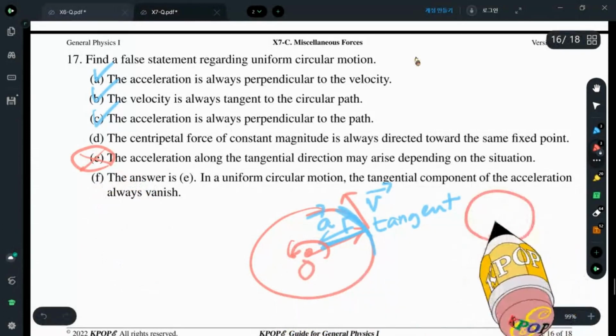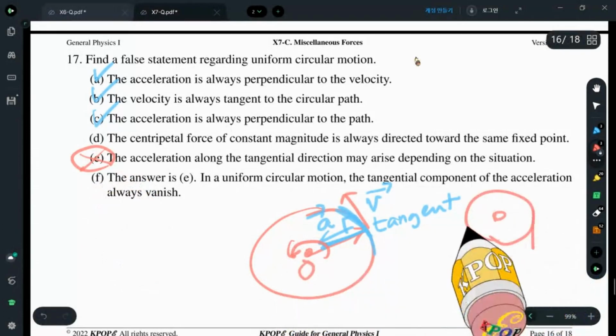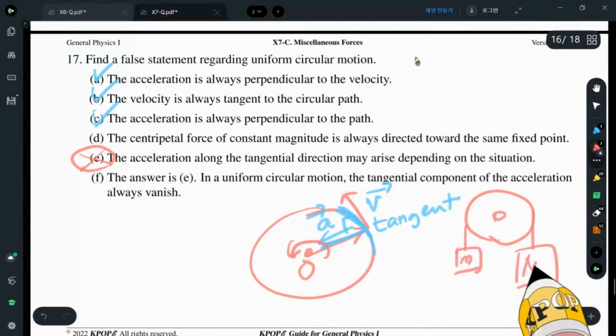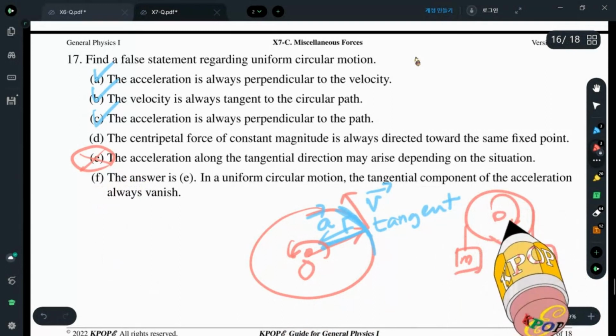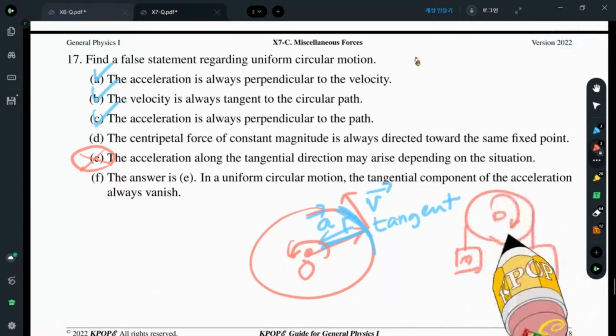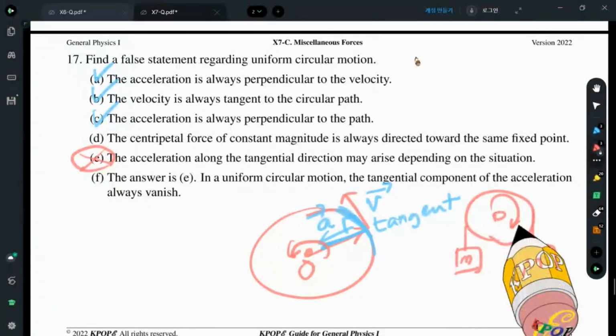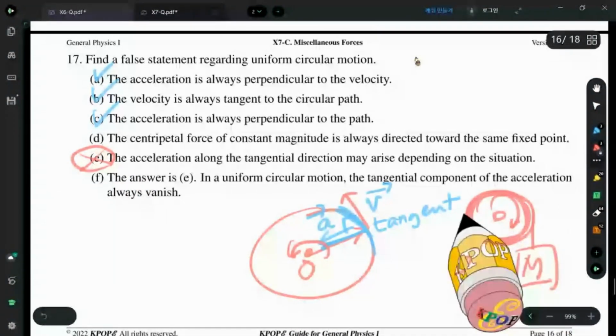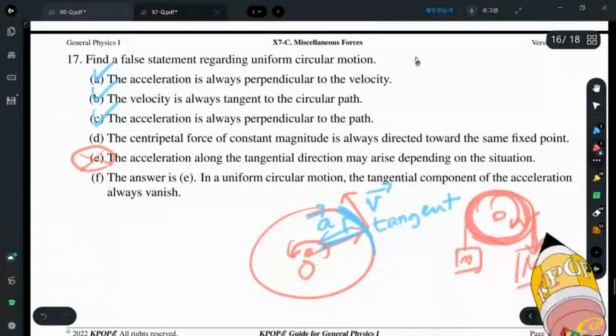For example, the Atwood machine. This pulley is making a uniform acceleration, so its tangential acceleration exists because of the torque.